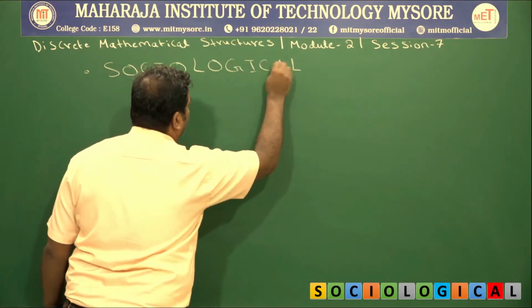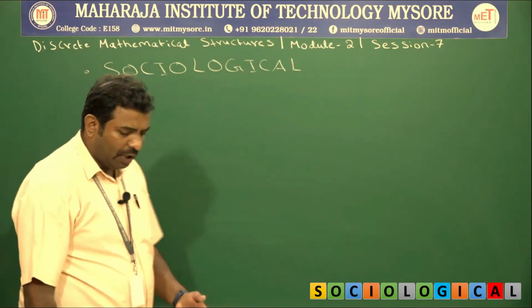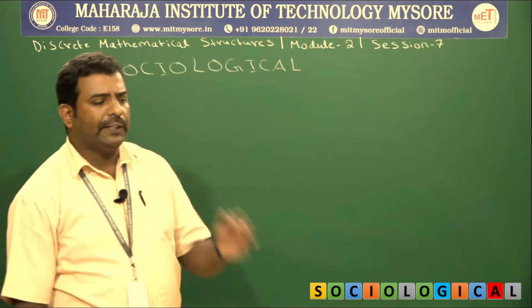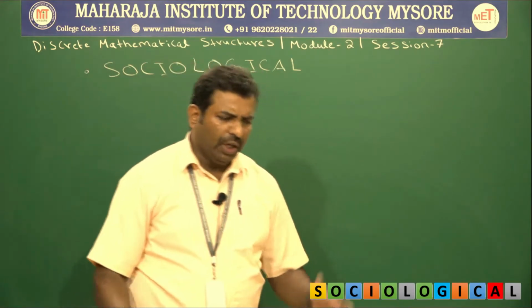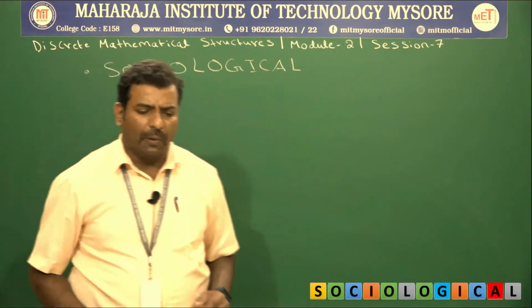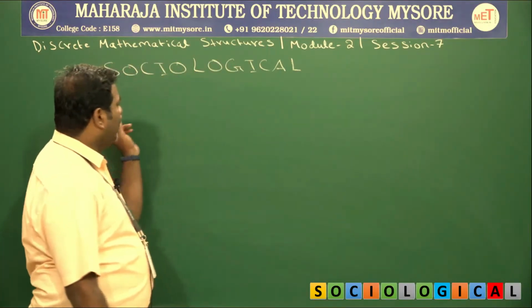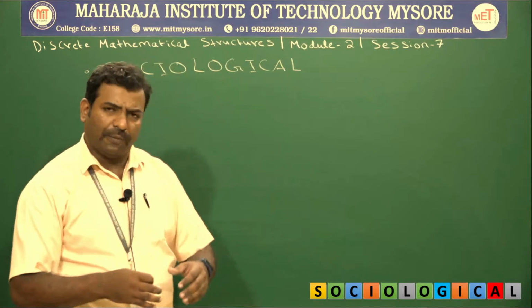Sociological. This is the given word, and whenever I give a word as an example with respect to permutation or combination, don't look at it as one single object. We need to look at it as a combination of objects.